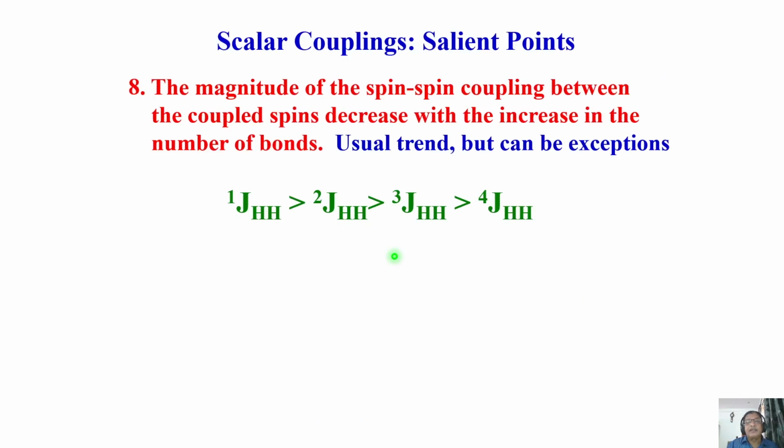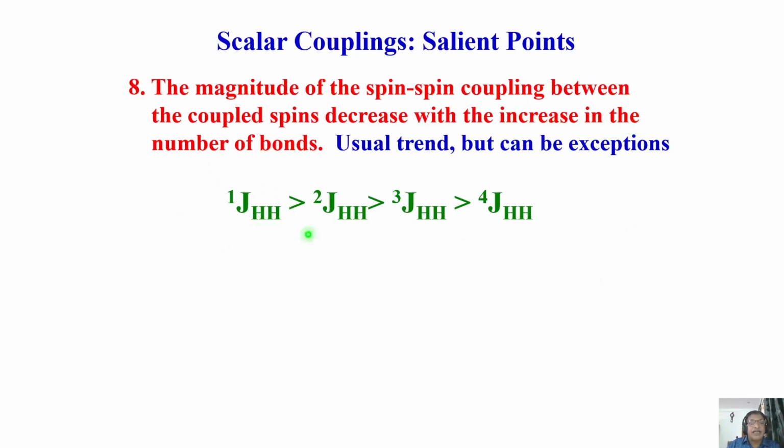Okay. Scalar coupling, point number 8. The magnitude of the spin-spin coupling between the coupled spins decreases with the increasing number of bonds. Very interesting point. Remember, as the number of bonds sequentially keeps on increasing, the coupling strength keeps on decreasing. Take, for example, one bond proton-proton coupling.